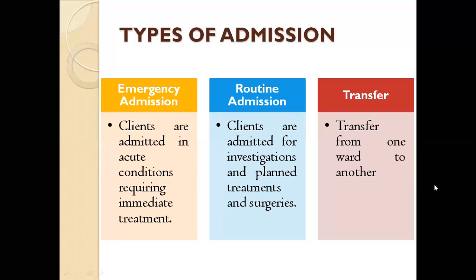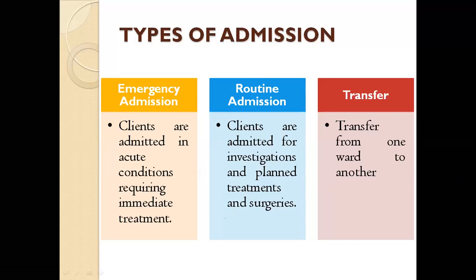The next is routine admission. Clients are admitted for investigations and planned treatments and surgeries. As I've already said, some investigations need time and clients need to be admitted. And there are some planned treatments and surgeries. For example, a patient wants to undergo a cataract surgery. I hope you understand the meaning of cataract. Yes, ma'am.